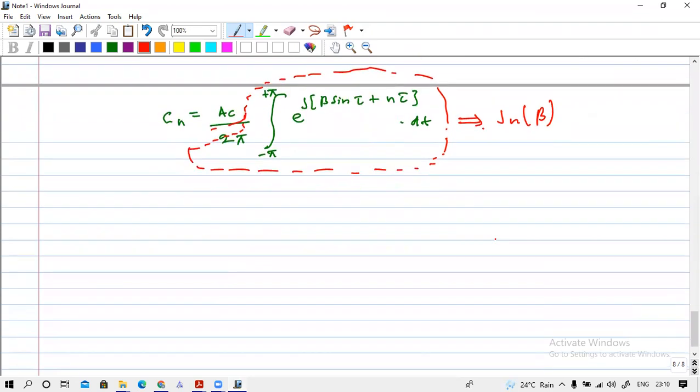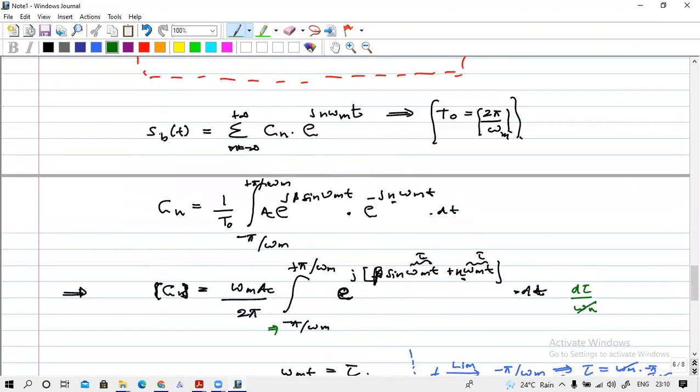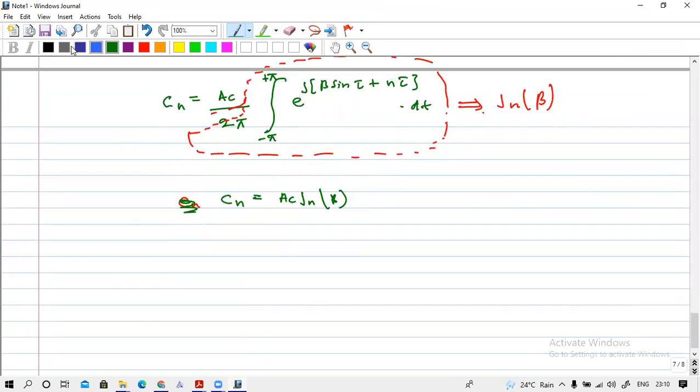So Cn is equal to AC Jn beta. If I substitute this, I can write my complex baseband signal s(t) as the sum over n from -infinity to +infinity of Cn, which is AC Jn beta, times e to the power j n omega m t.